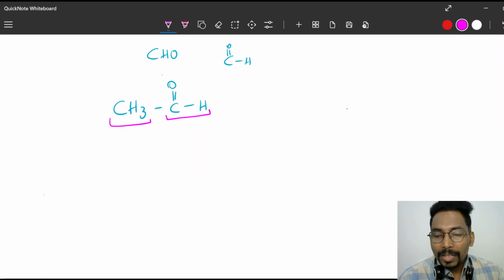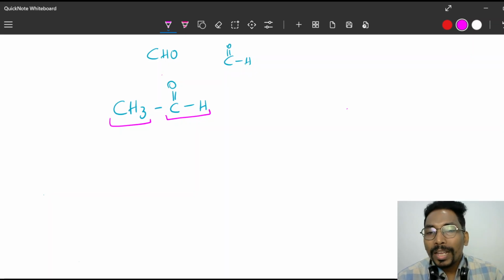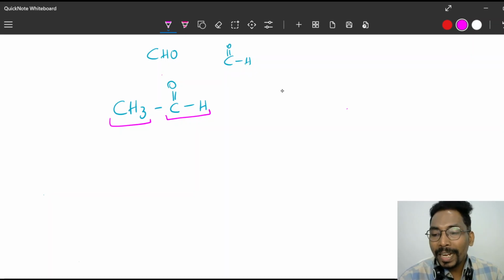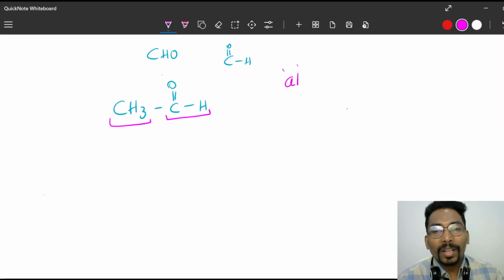So you can say the name of aldehydes. I told you the names of alcohols end with ol. So here also a suffix is there. For aldehydes it is al. So 1 carbon methanal, 2 carbon ethanal, 3 carbon propanal, then butanal, pentanal, hexanal, like that.